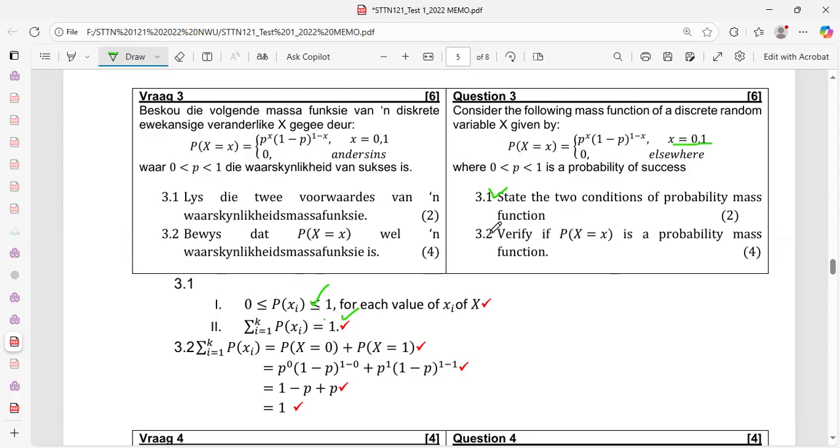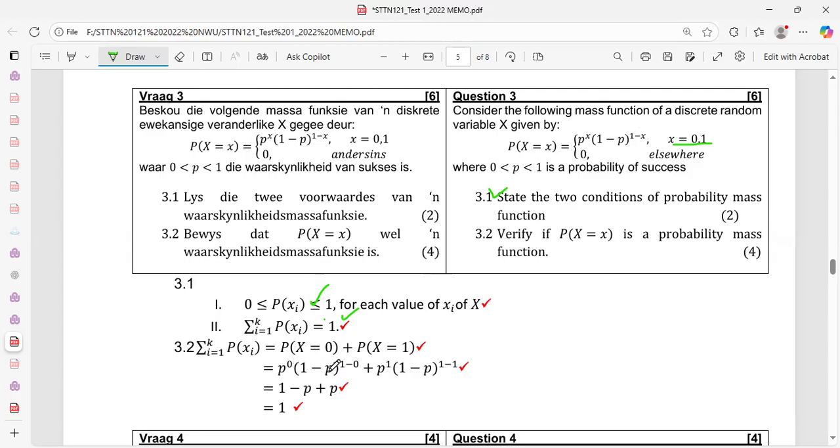So p, you put 0, 1 minus, where you see p, and then you put the p, because you don't have the value of p, into 1 minus x. X will you put 0 plus p, now you move to 1, 1 minus p into 1 minus 1, which is 0. So you're going to get 1 minus p to the power 0, it's 0.